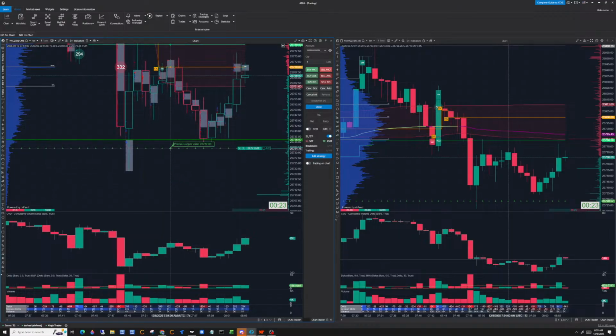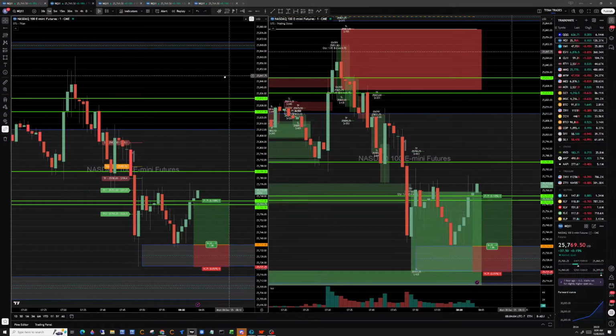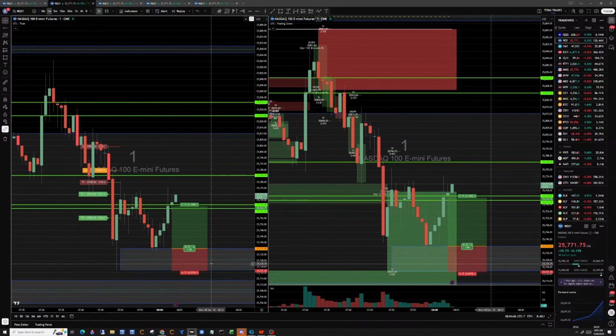So I tried to cheap it a little bit and go a little deeper, which would have been 225 because I'm up 305 right now. I was just trying to give myself a little cushion. I put my buy limit at 732, and price ended up reaching 734. I was 2 points away from getting filled.